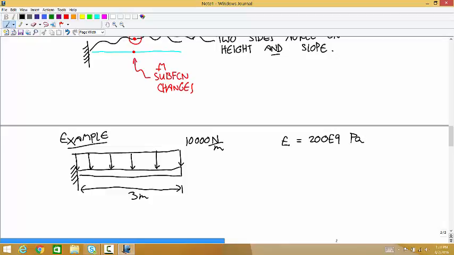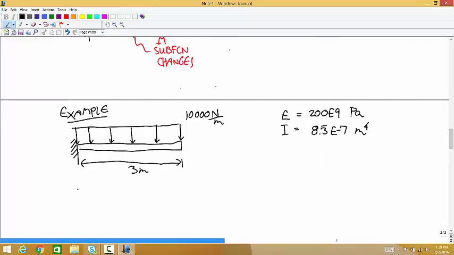And based on the cross section, the area moment of inertia is 8.3 repeating times 10 to the minus 7 meters to the fourth. And we want to know what's the deflection at the right end of the beam.